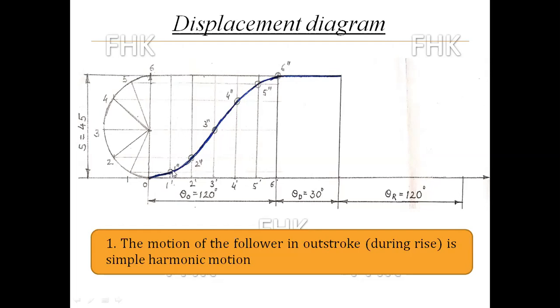Now I will mark the intersection points as 1 double dash, 2 double dash, 3 double dash and so on. 1 double dash I get from the intersection of vertical line 1 dash and horizontal line 1. 2 double dash I get from the intersection of the 2 dash vertical line and horizontal line 2. 3 double dash I get from vertical line 3 dash and horizontal line 3.